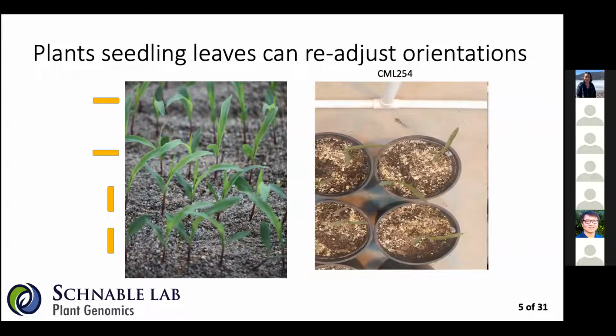So that indicates the plant potentially has some ability to form a different orientation through its development as the plant reaches maturity.